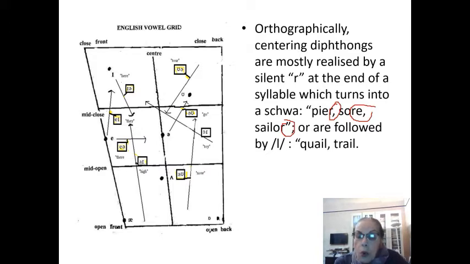Now saw, S-O-R-E, there is no schwa at the end, it is a single vowel, single syllable, or it can be followed by an L, quail, trail. All right.